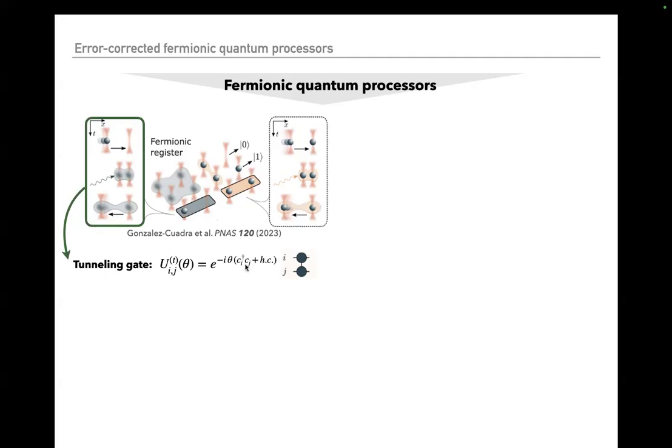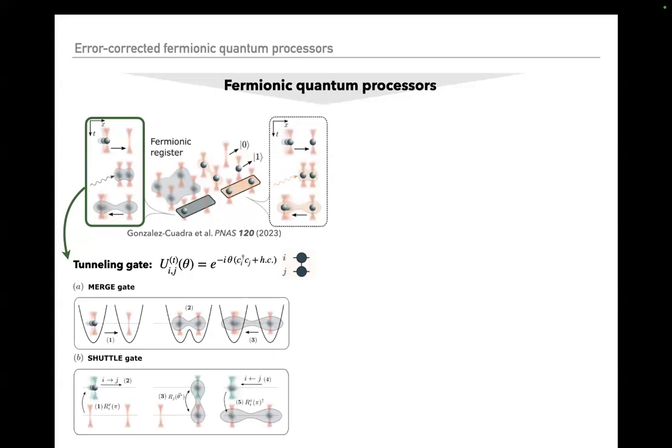And they can be really distant. You can rearrange the tweezers to bring them close together, as shown here in the sketch, let them tunnel, and then put them back, and therefore realize this long-distance tunneling without any additional overhead. And there are essentially different ways that you can realize this.